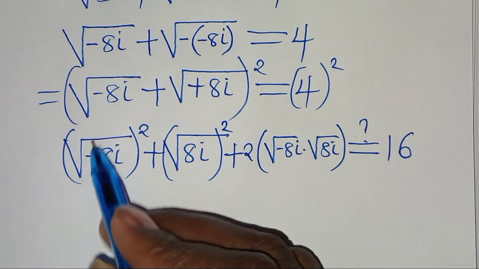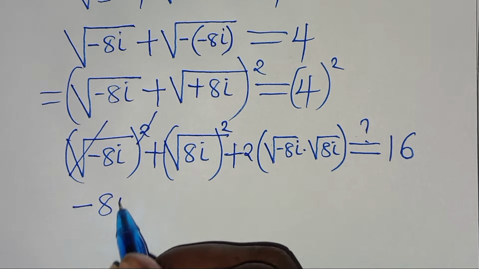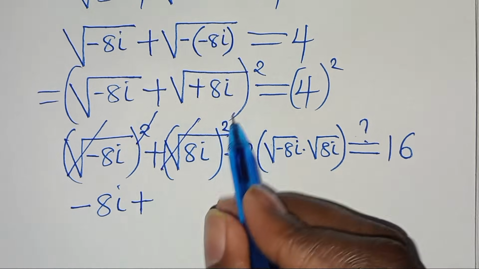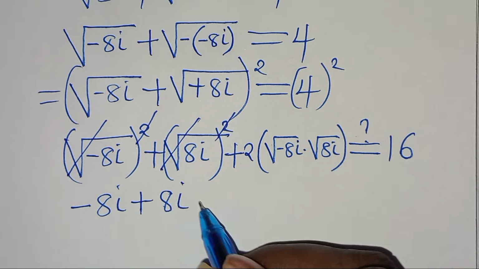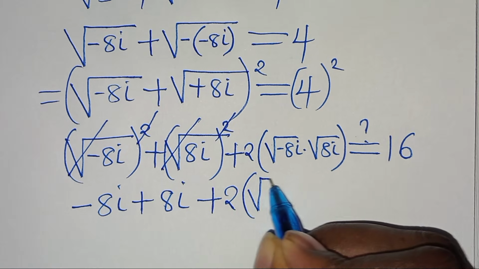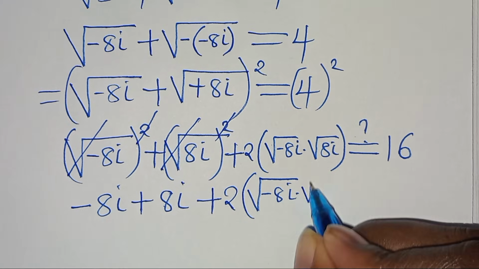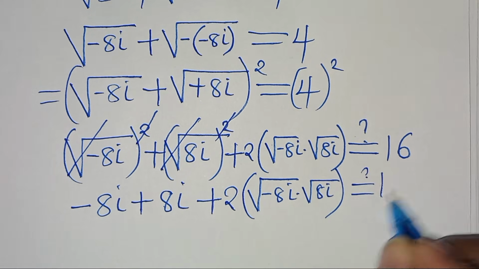Now, let's eliminate the square root sign here. So we have minus 8i, then plus, let's eliminate again the square root sign here. So this is minus 8i plus 8i, then plus 2 into the parentheses. This is minus 8i multiplied by the square root of 8i. This should give us a value of 16.